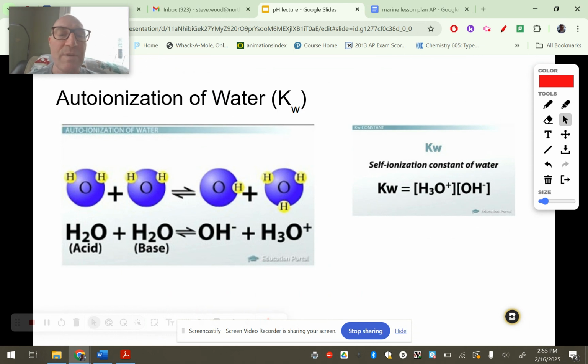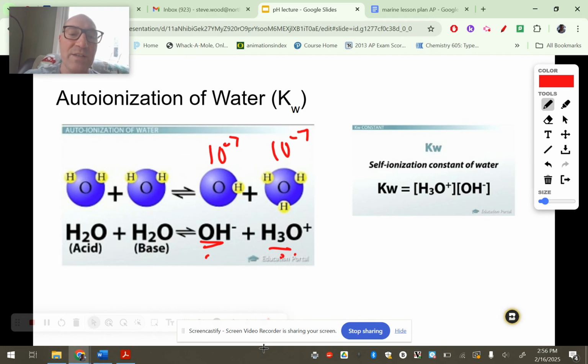And what's interesting is we can measure how much they dissociate by knowing something called Kw. Now, K, if you remember from the previous chapter, is the equilibrium constant. It means how far to the right or left it is. When you measure the concentration of water, they found that it's 10 to the negative 7th concentration of OH minus and 10 to the negative 7th H3O plus. So neutral water has equal amounts of OH minus and H3O plus.